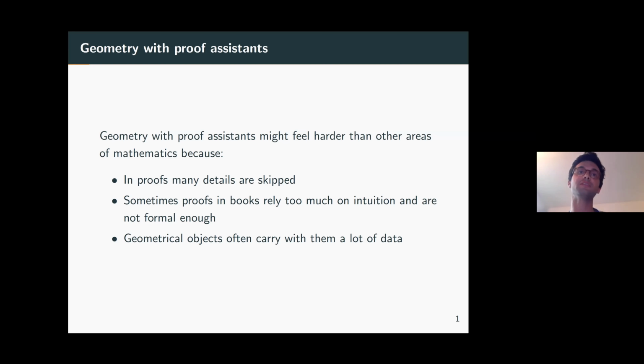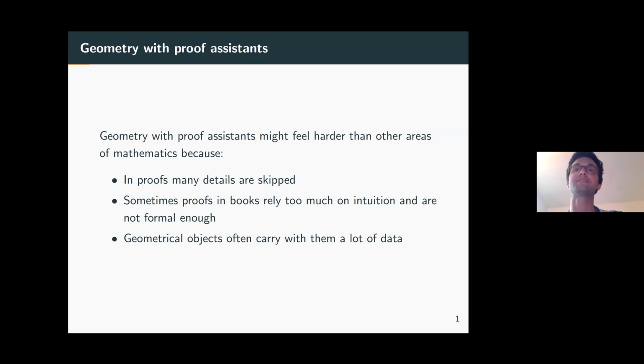Finally, a third problem is that sometimes objects in geometry can be more understandable for humans, but they carry with them a lot of data, and it's not always clear how to organize and store this data in proof systems.